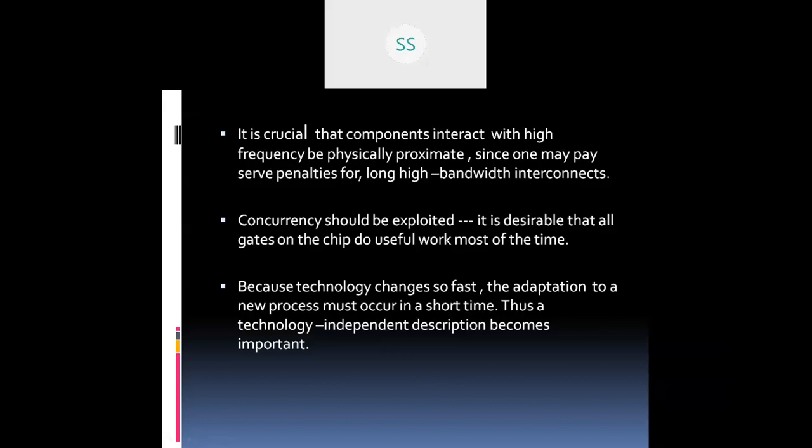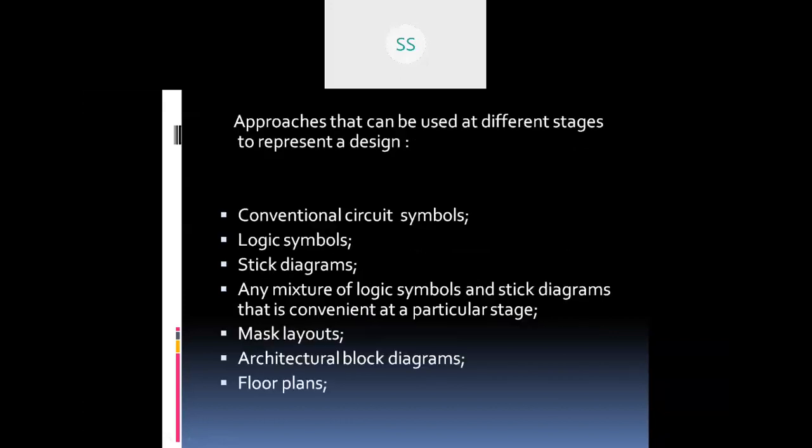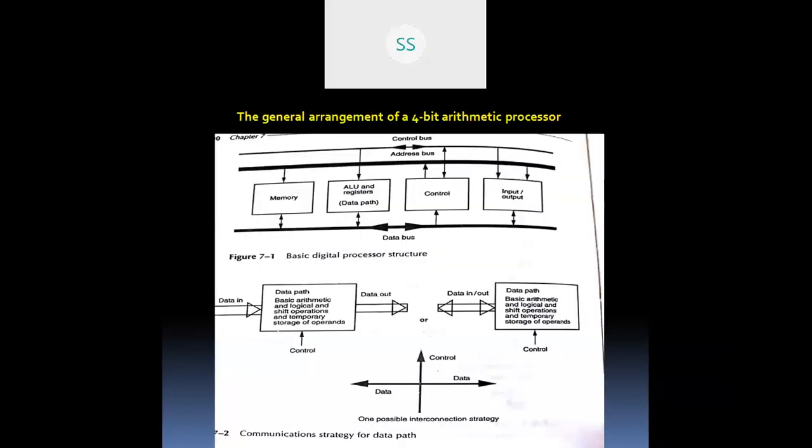Now, in order to go exactly with the subsystem design process, as I told you, some of the major blocks of the microcontroller are considered here. Here it shows the general arrangement of a 4-bit arithmetic processor.